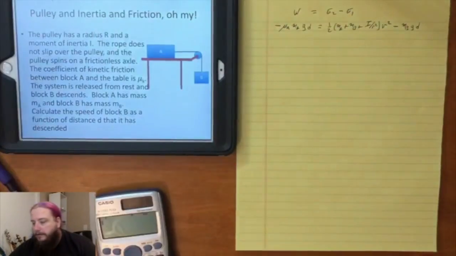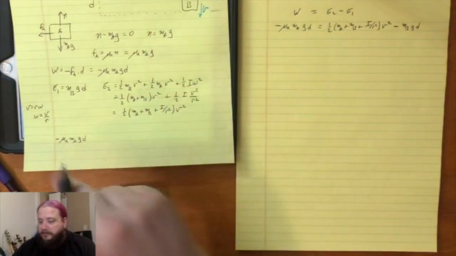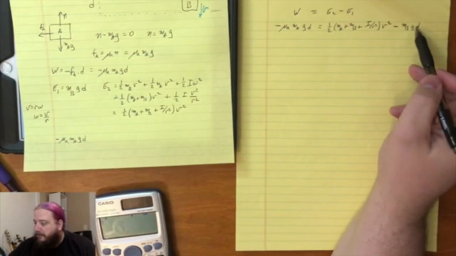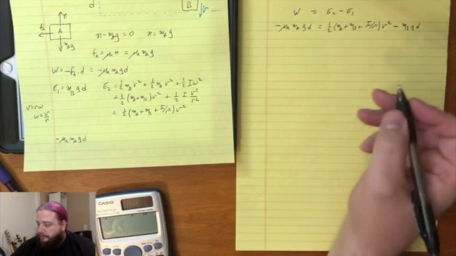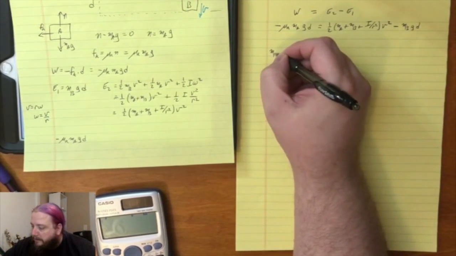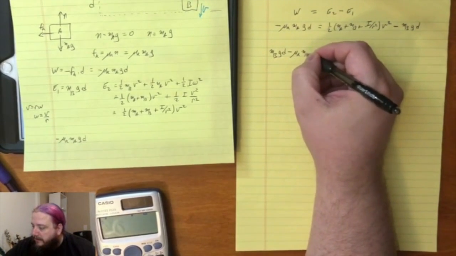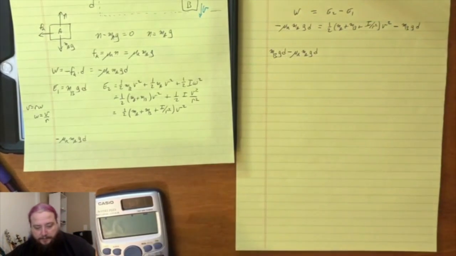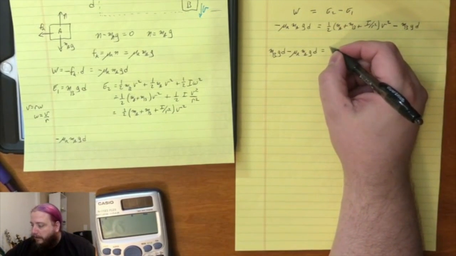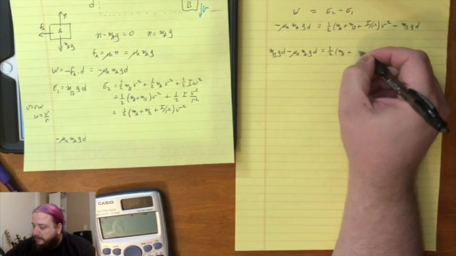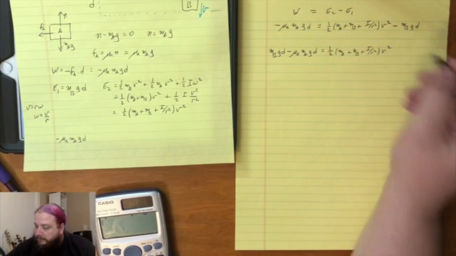And we've been asked to calculate speed. So we're looking for velocity. We're looking to solve for V here. So let's move this term over to the left. So that's MB times G times D minus mu K times MA times G times D is equal to 1/2 MA plus MB plus I over R squared V squared.